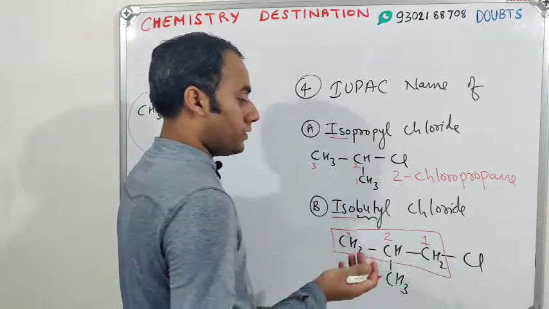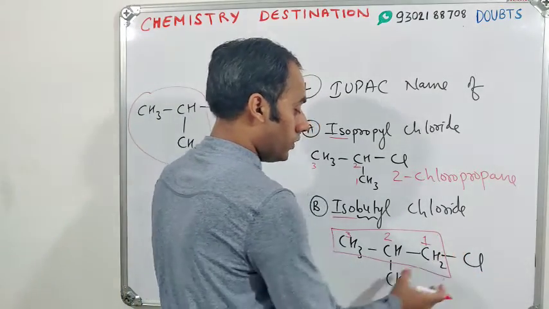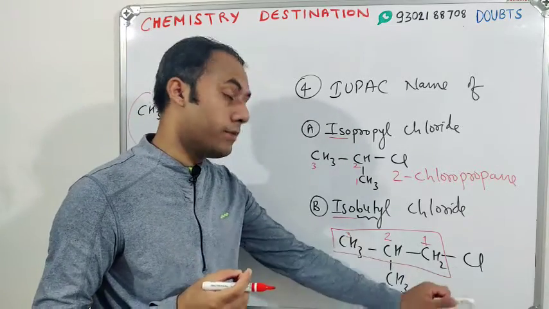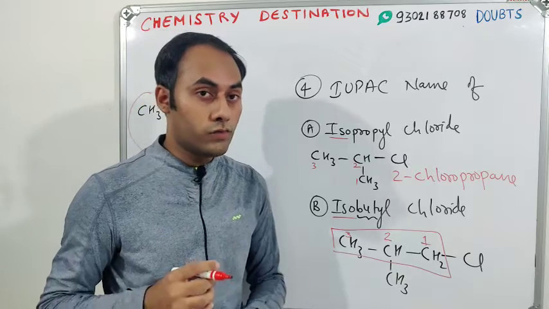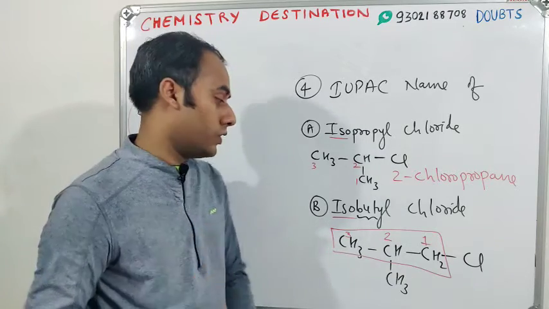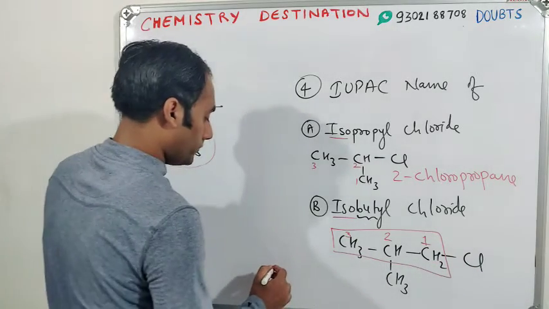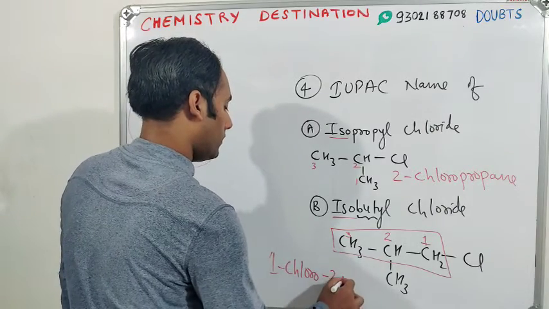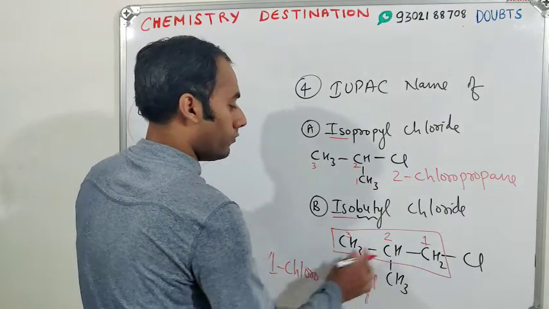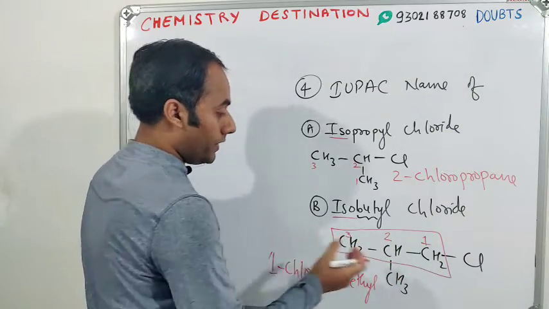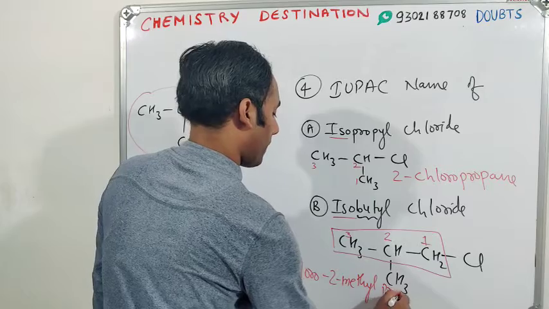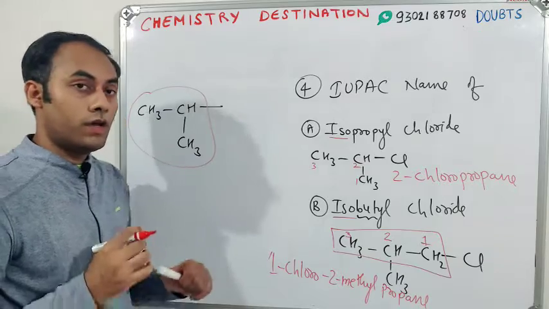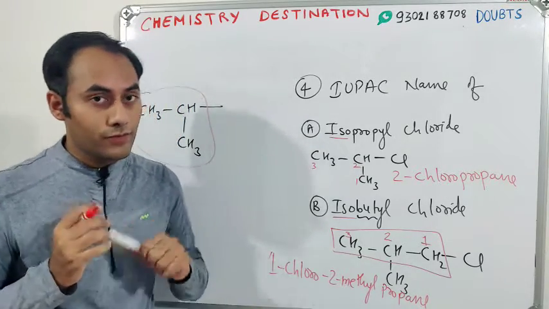Here we have chloro and methyl as substituents. Alphabetically, chloro comes first, C before M. So 1-chloro-2-methyl, and since we have 3 carbon atoms in the parent chain, propane. Okay, so I hope question number 4 is clear to you. Now moving on to the last question, question number 5.